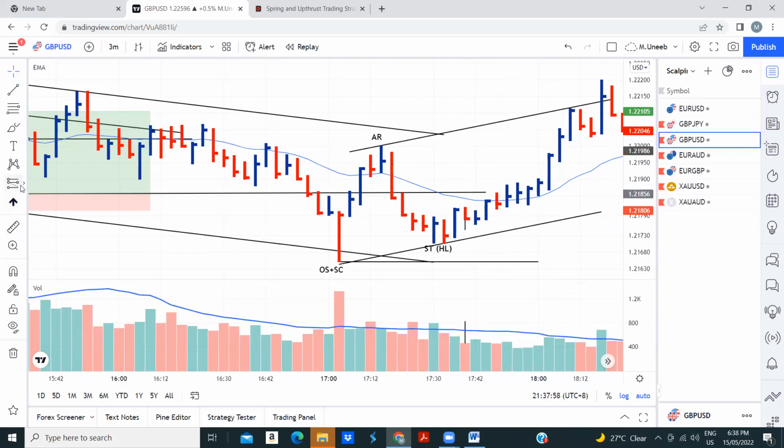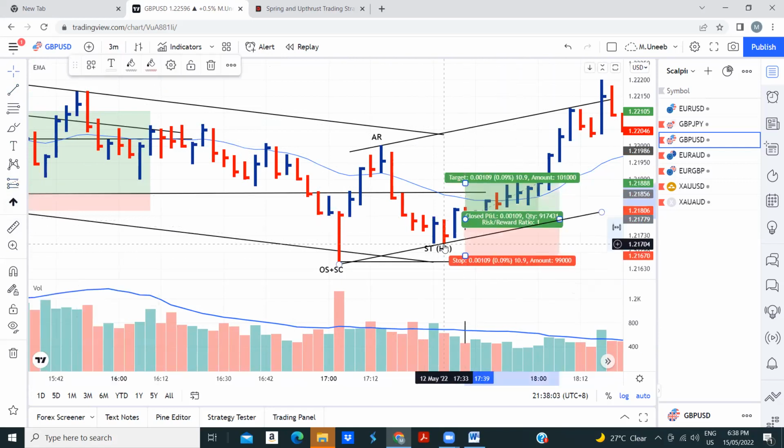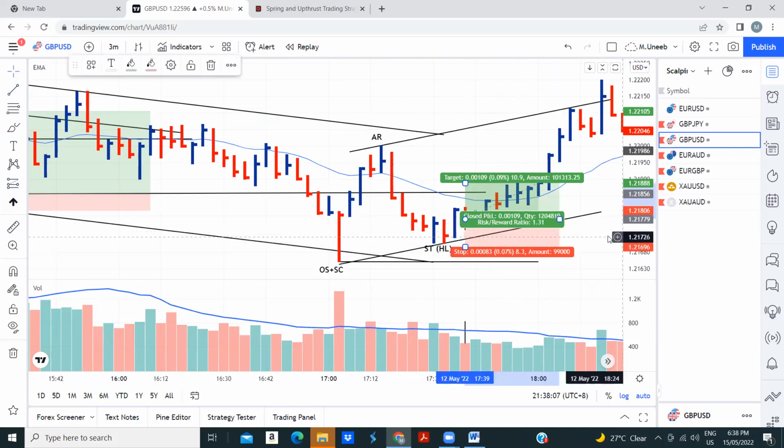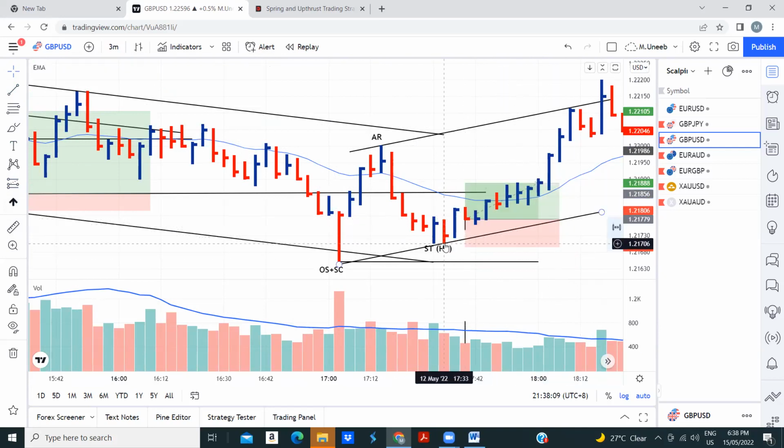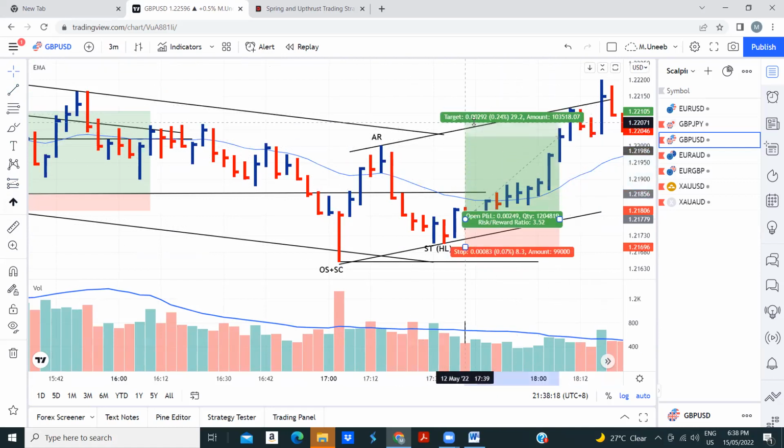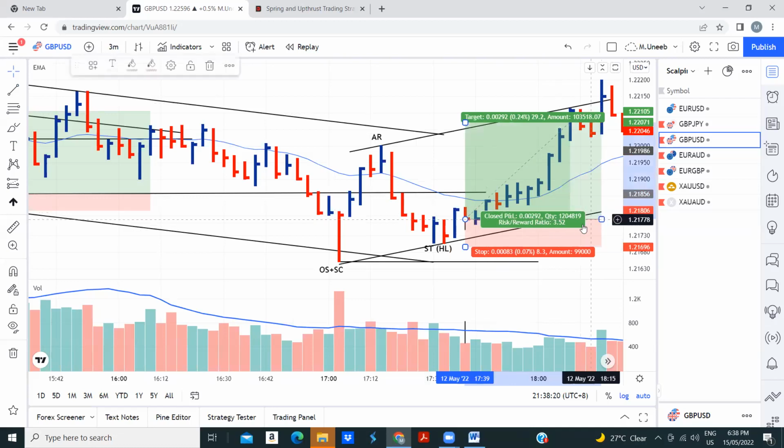On the no supply, we can take an entry right over here and place a stop loss below this last low. Our target would be at the overbought. And how much do we make? 3.52.